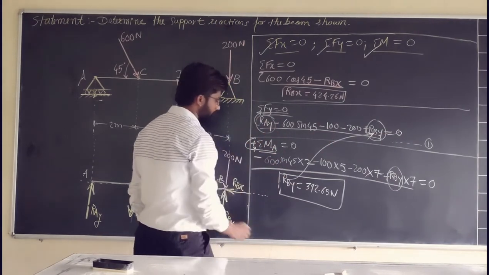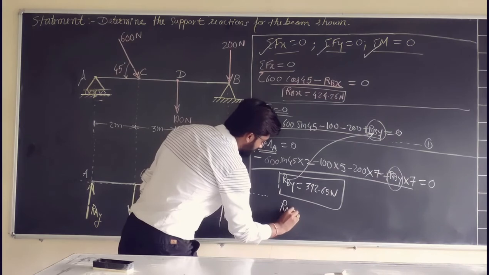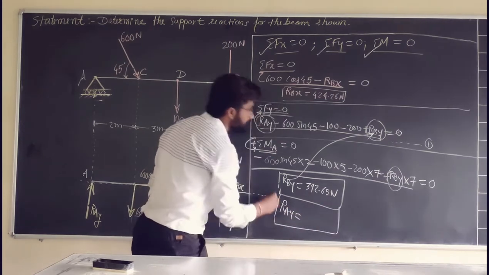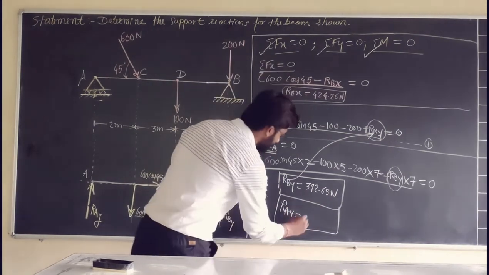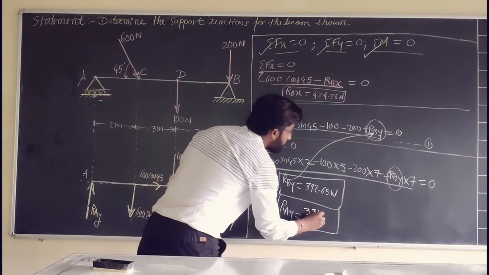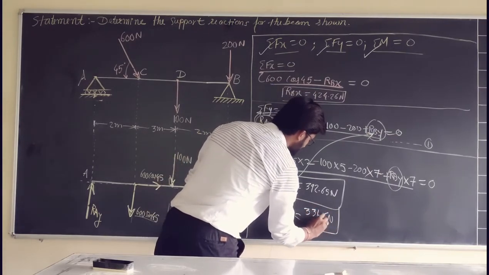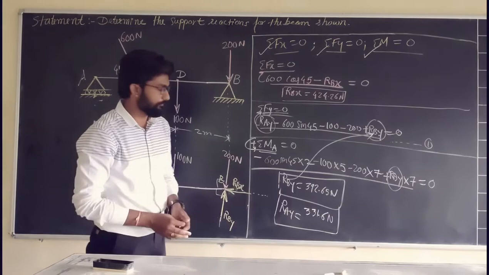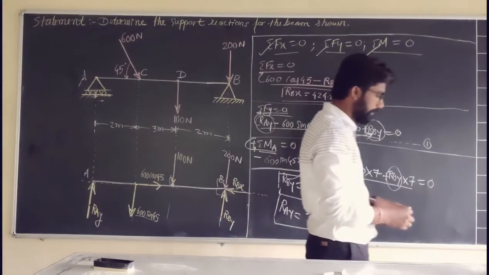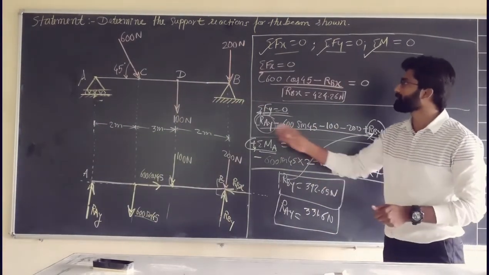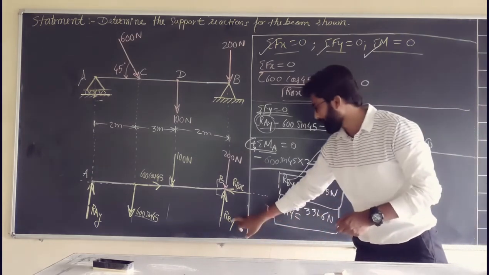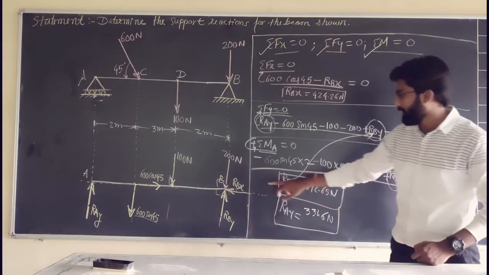By backward substitution, you should get RAY as 331.6 Newton.